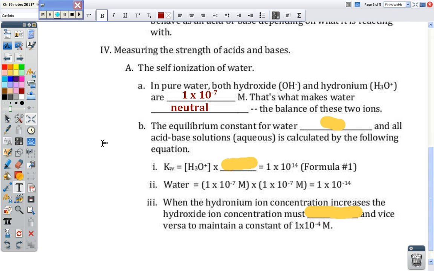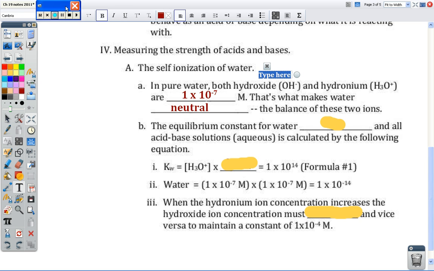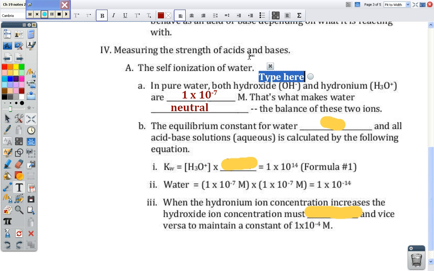So here's what it looks like. This happens between two water molecules. So we have an H2O, and then another H2O.